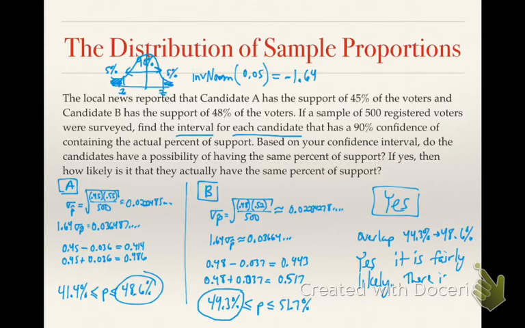I would say there is more than a 50% chance of overlap in their intervals. Now, if you had very barely any overlap, then I would say it's very unlikely that they had the same percentage support. But it's fairly likely that they actually do have the same percentage support.